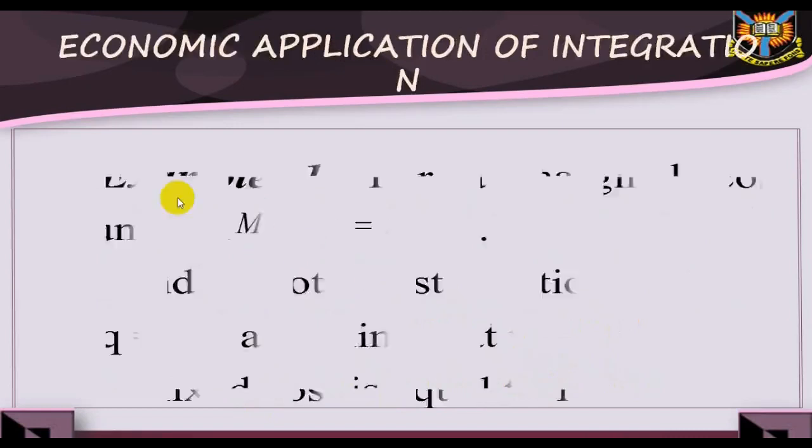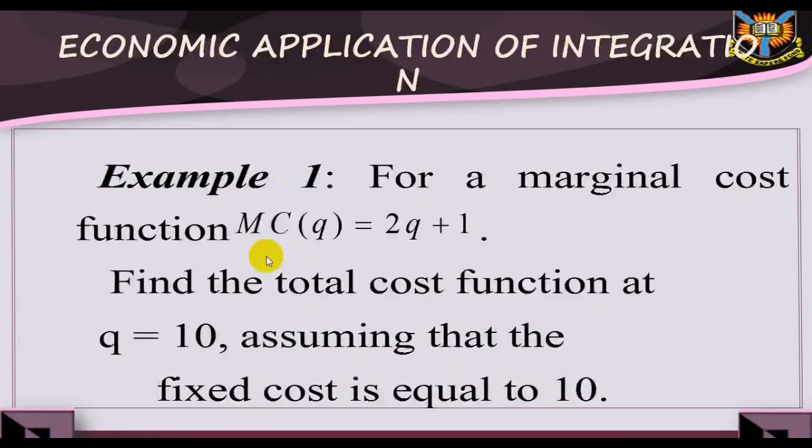Example 1. For a marginal cost function, MC of Q equals 2Q plus 1. Find the total cost function at Q equals 10, assuming that the fixed cost is equal to 10. Solution.